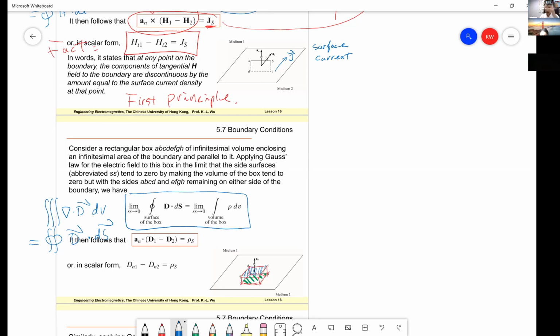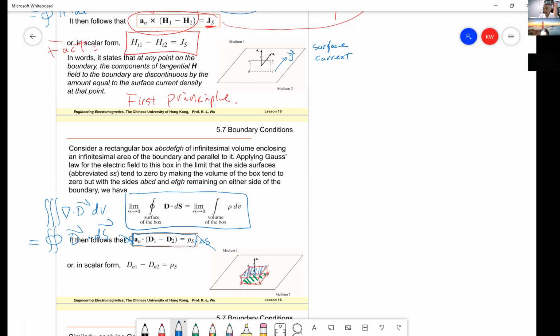In this case, the surface integration equals the normal component multiplied by delta S. On the right-hand side, the total charge is charge density times delta S. If I remove this delta S, we have an interesting relation: the normal component of the electric flux density vector.